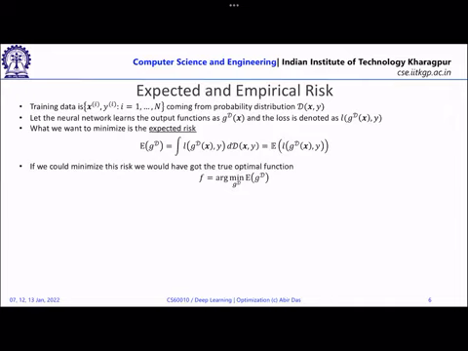That is not there in optimization. It will have to work on some other set which may or may not be similar to the training set. So that's the difference. Any other questions?